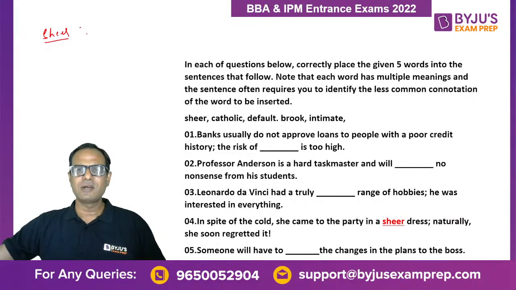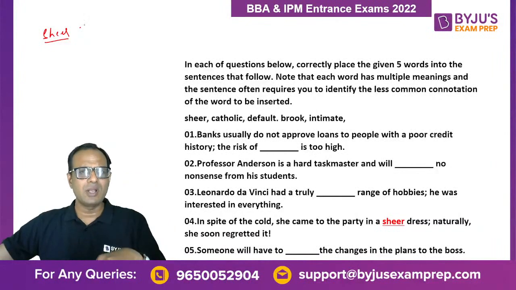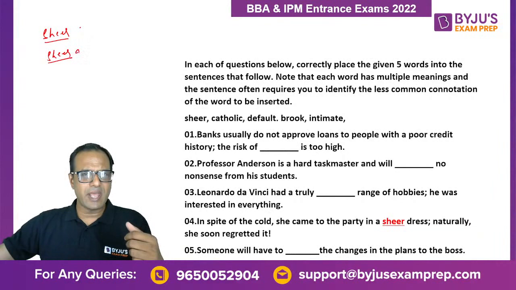Now, sheer can have two meanings, right? It can be used as an adjective, like very or absolute, like sheer anger, sheer arrogance. That's how the word is used. The other meaning of sheer, which is an adjective again, means very thin and transparent.